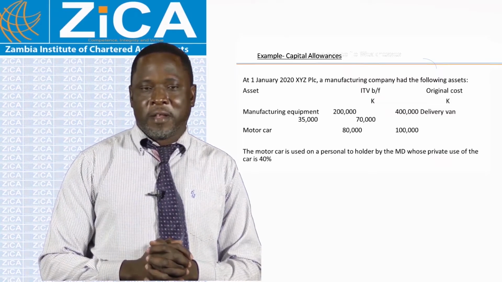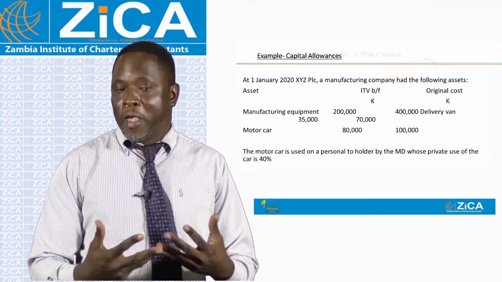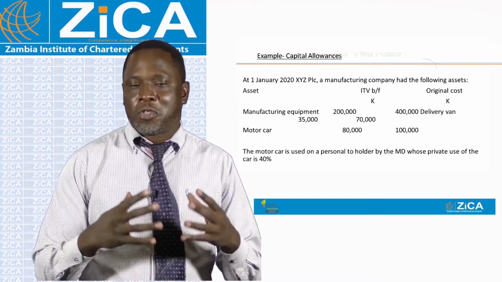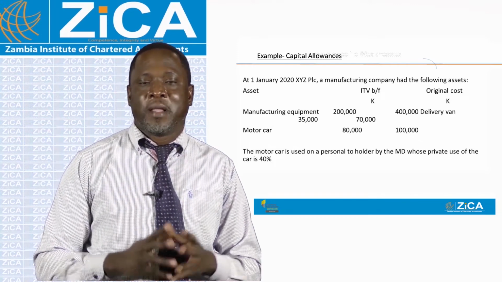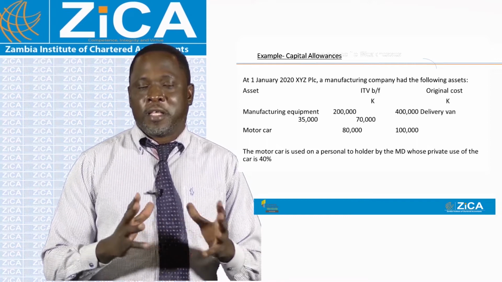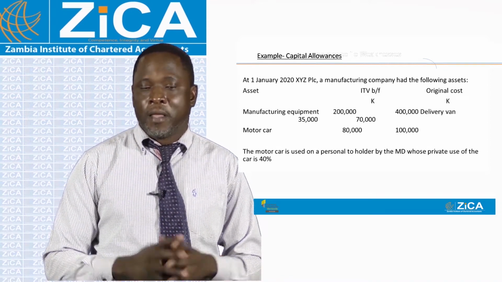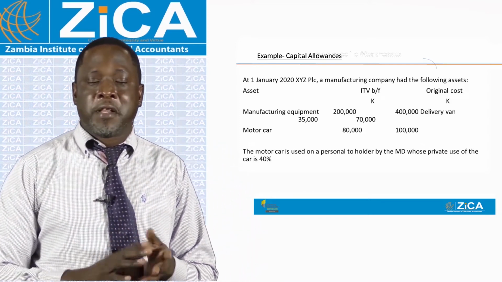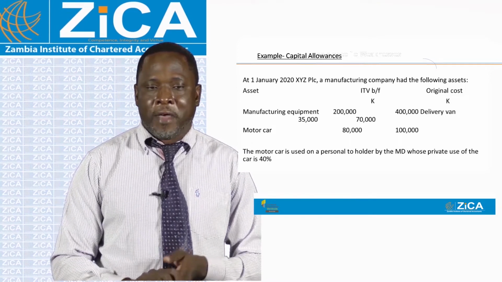So you have been given the original cost of those assets. We have manufacturing equipment which was acquired at an original cost of 400,000 kwacha and having an income tax value of 200,000 kwacha. The second asset is the delivery van, which was acquired at 70,000 and has an income tax value of 35,000.